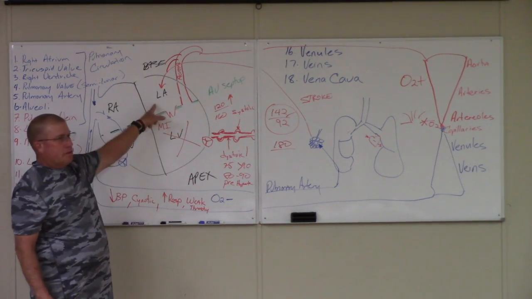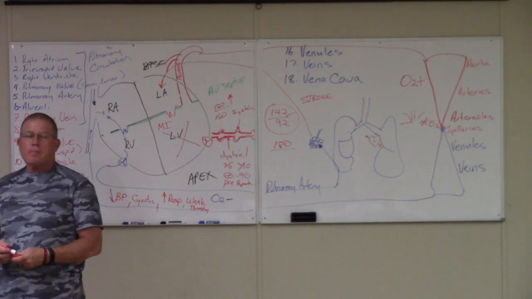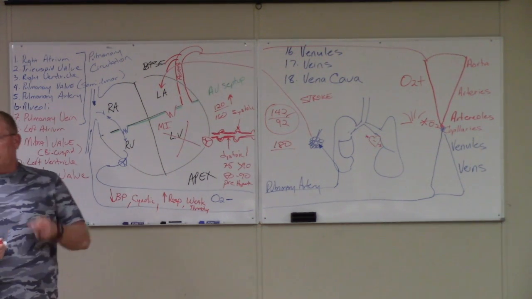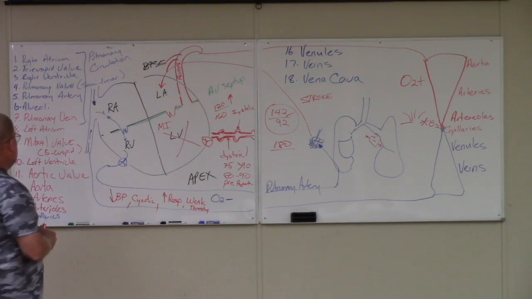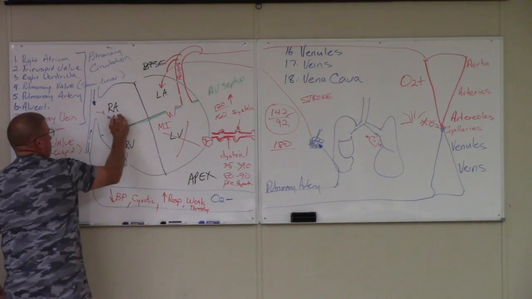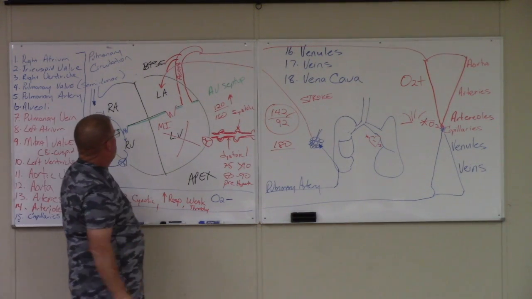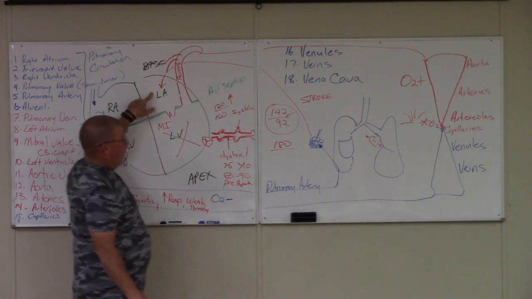Weak thready pulse because it's coming from here. What else do you expect to see? If this is pumping, and this is pumping, and this is trying to pump, but it's not, what are we going to see here?